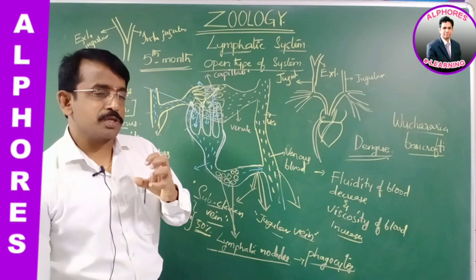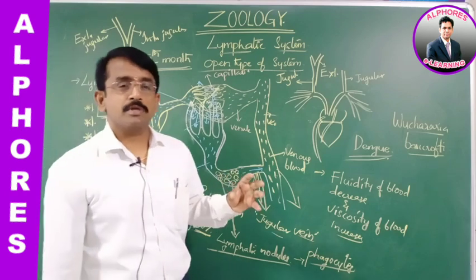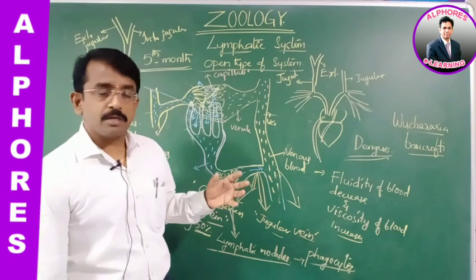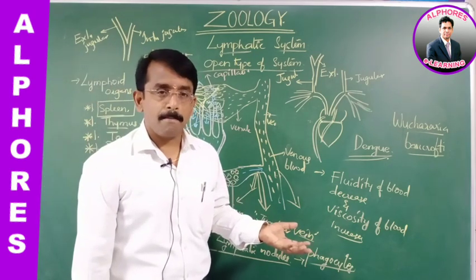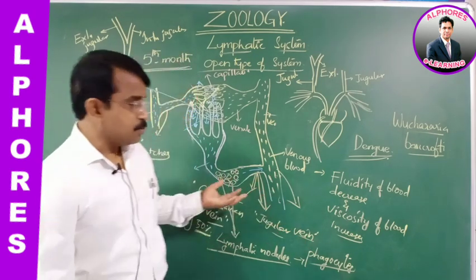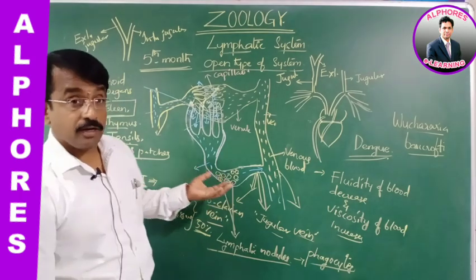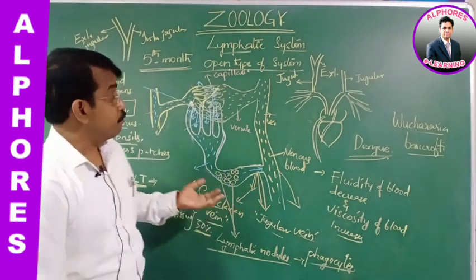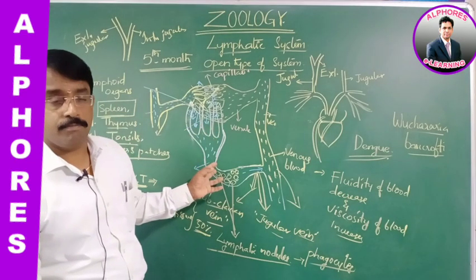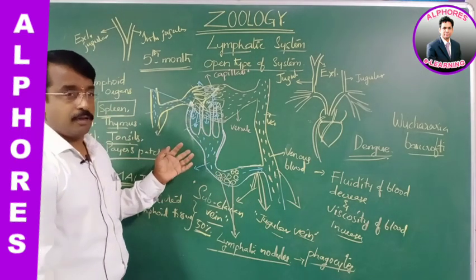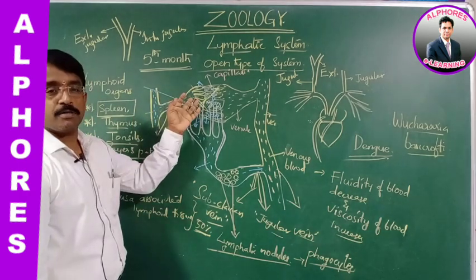When a Culex mosquito bites human beings, the third stage of the microfilaria larva enters into the human blood, and from the blood it enters into the lymphatic system. Just now we have seen the arteries, arterioles, capillaries.